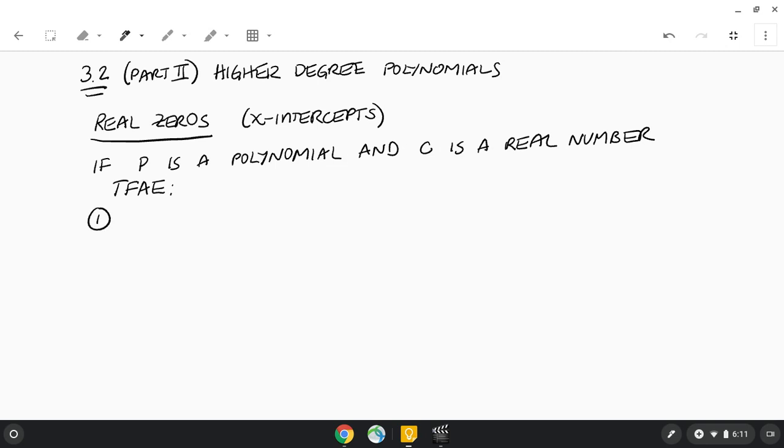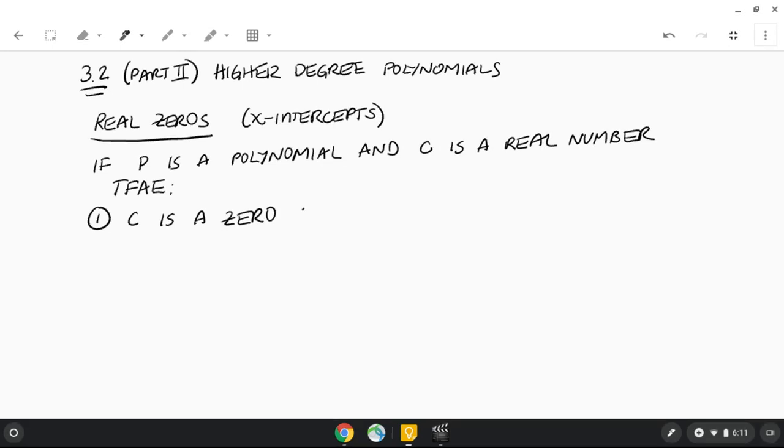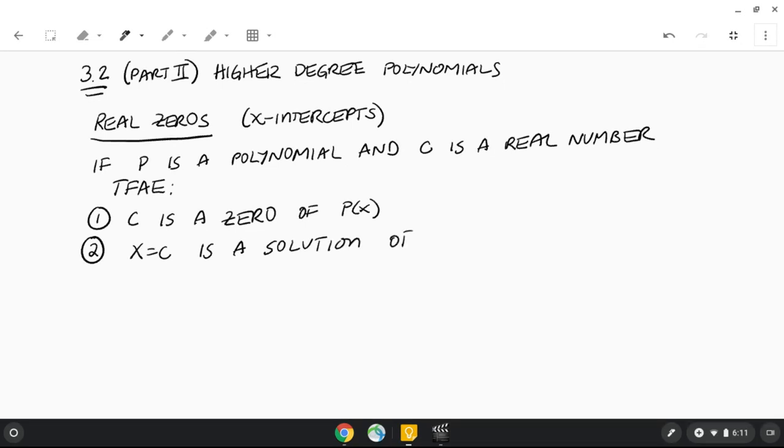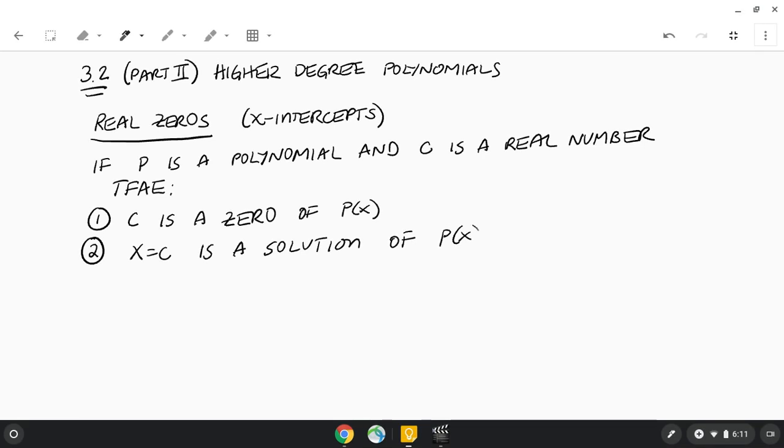So number 1, c is what we call a zero of p of x. So that's the equivalent of saying that x equals c is a solution of the equation p of x equals 0.